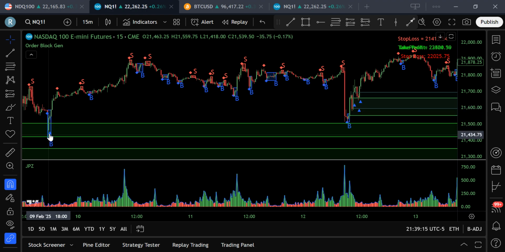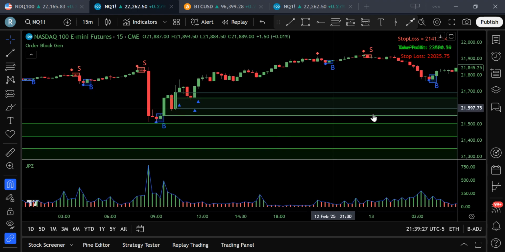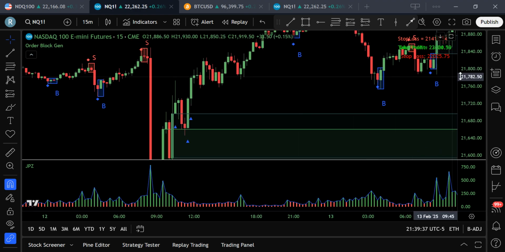But still, if you're anywhere in here, it would have been a great entry, believing for this low to hold, which it did. And then right here again, another support zone, as you can see here, a weaker one because it hasn't been tested as much, but another support zone, with multiple buy alerts right here.